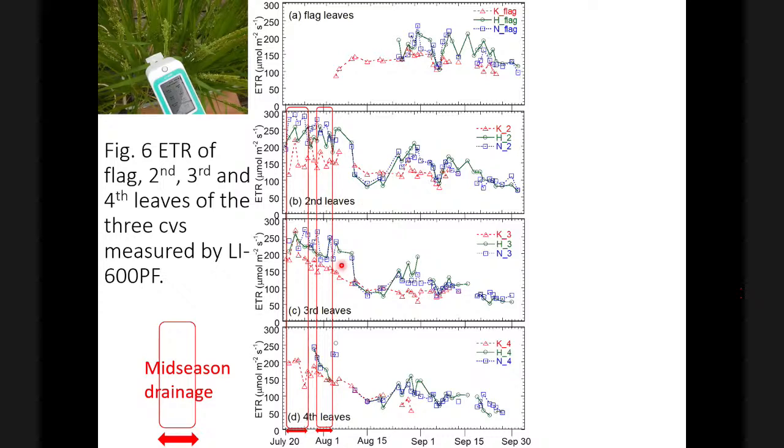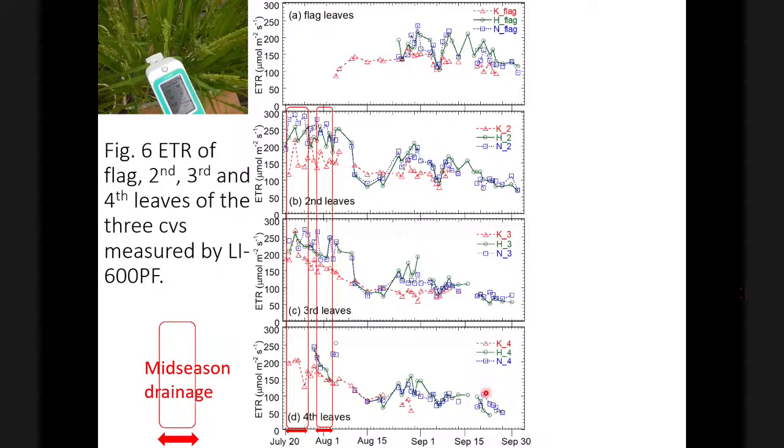But if I may show the differences between the three cultivars, ETR of Koshihikari was smaller than the other two. And moreover, ETR of Himenorin showed quite a higher value compared with Nikomaru and Koshihikari, especially in the last season.